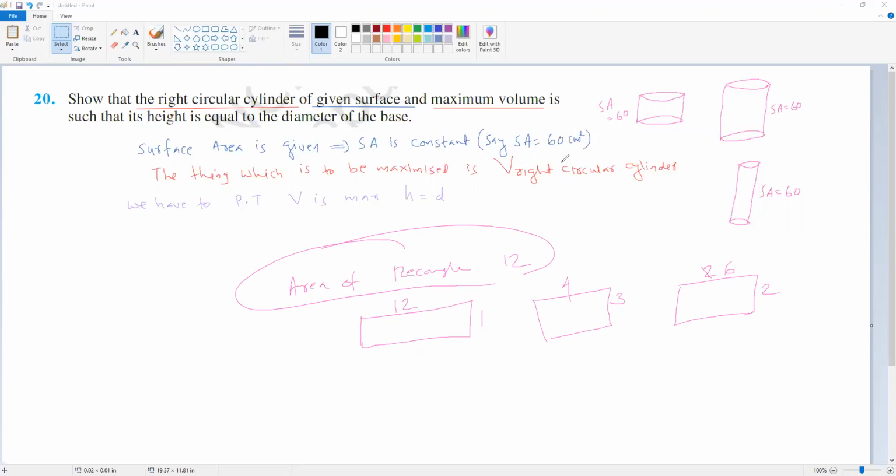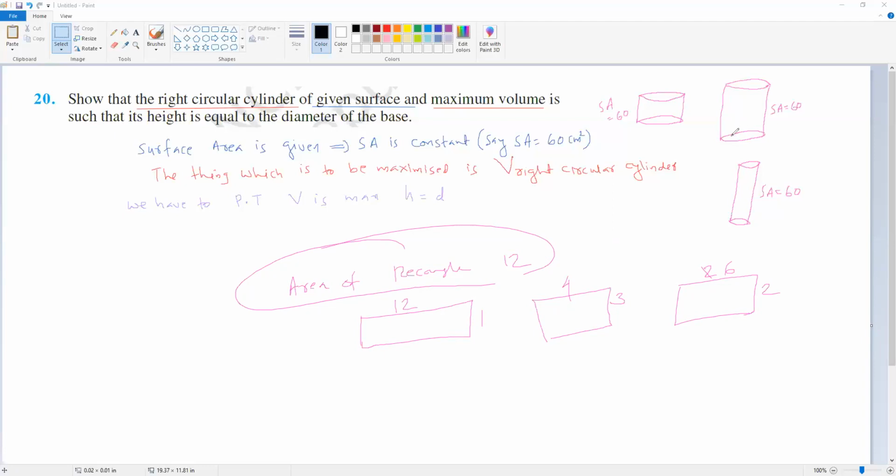Similarly surface area is fixed, surface area is constant, total surface area. So we can have different cylinders with surface area a particular number, for example 60. Out of those cylinders, we have to prove that the one which will have the maximum volume is obtained when the height is equal to the diameter of the base.